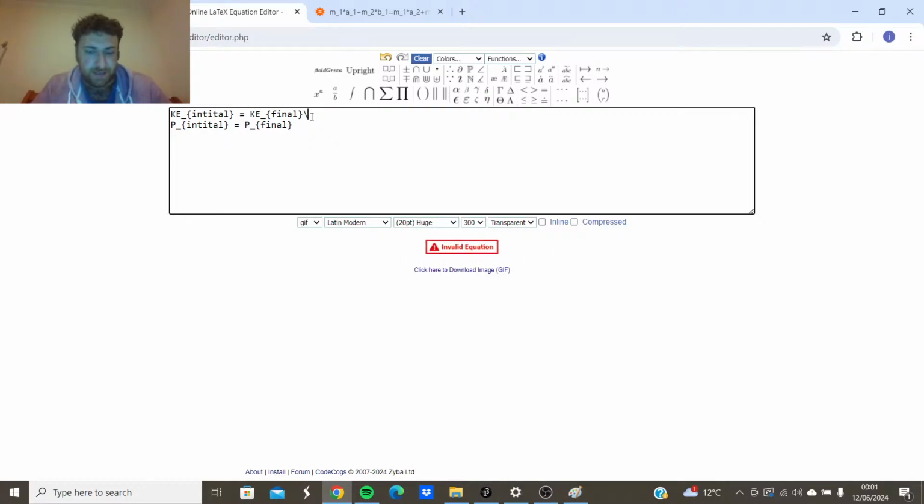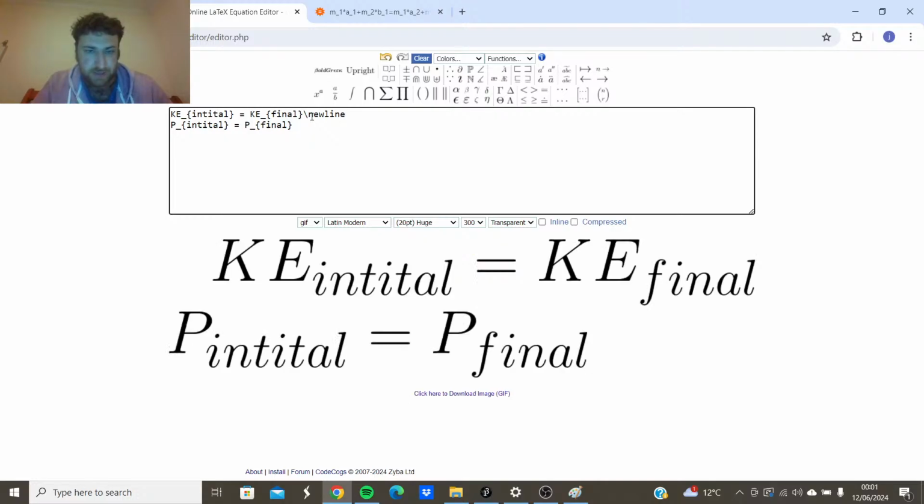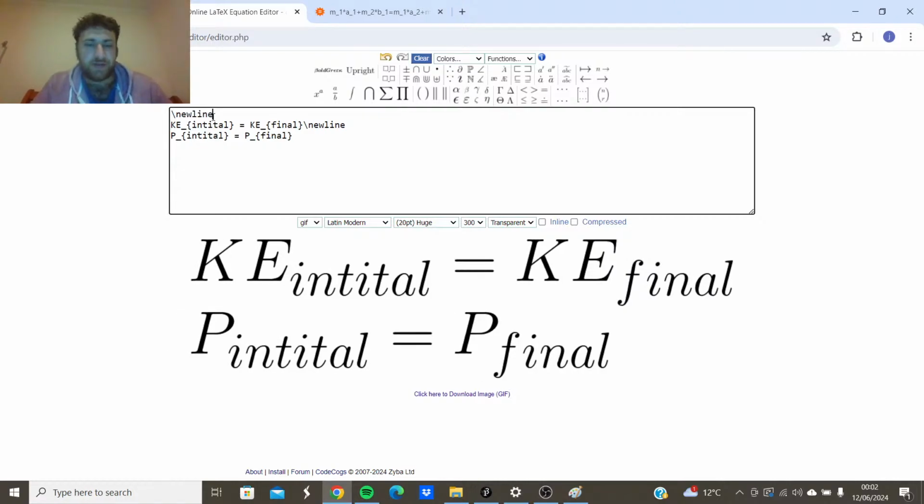Is it slash new line? Okay. Why isn't it centered? Why is only the original line centered? That doesn't make any sense. That's annoying.